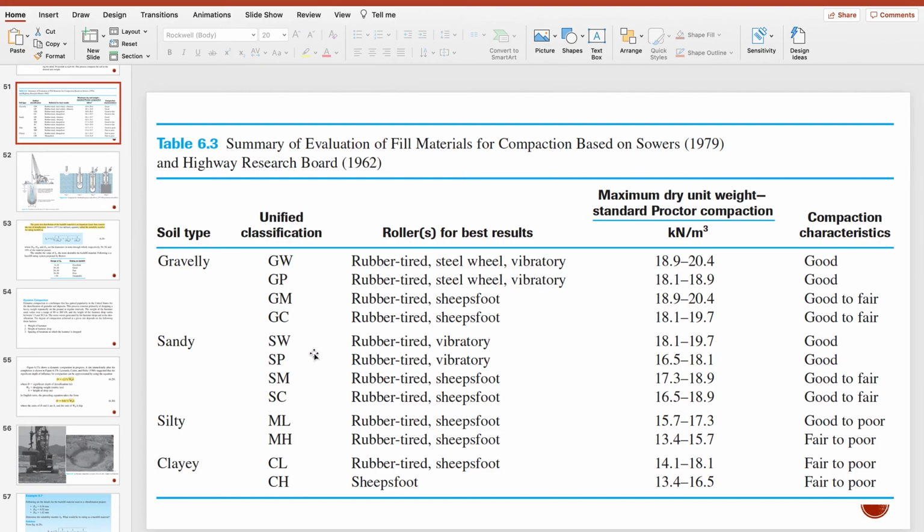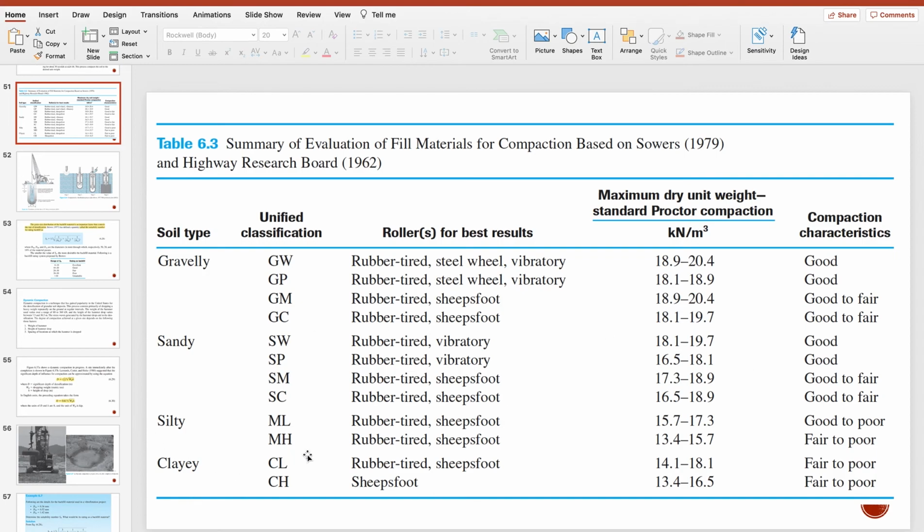For sandy, SW, SP, SM, SC, ito yung mga gagamitin nating heavy equipment. And ang result niya is good to fair. But for silty, ML and MH, rubber tired, sheep's foot, it is good to poor and fair to poor. Okay? Okay pa naman yan.